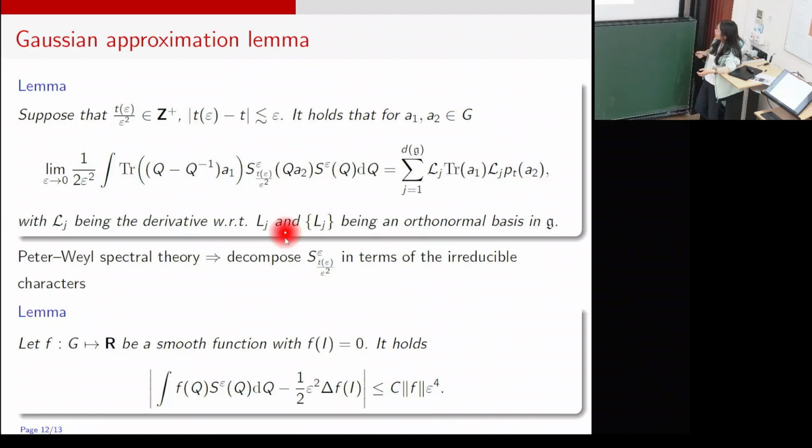And to prove this kind of convergence, we're using the following Gaussian approximation lemma for functions on this Lie group. In fact, if we consider this Wilson action as S epsilon, this S epsilon will make this Q close to the identity with large probability. So if we calculate this kind of integral, we can decompose it into small scales and large scales. For the small scale part, because Q is close to the identity, we can view this S epsilon Q as some Lie algebra valued Gaussian integral.